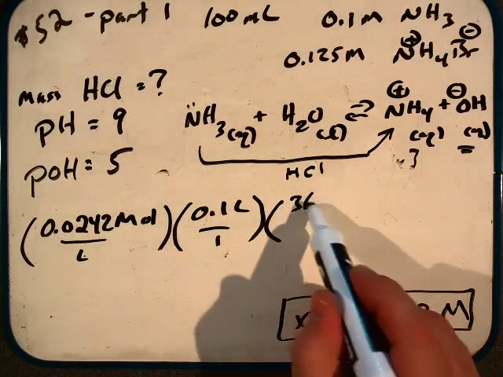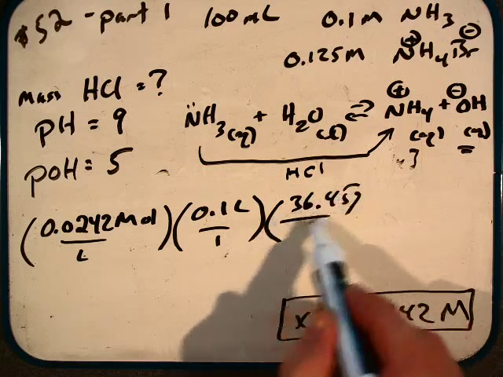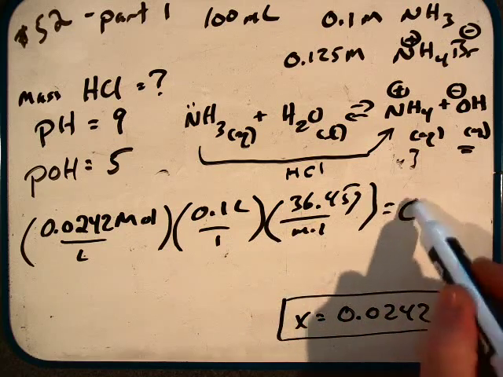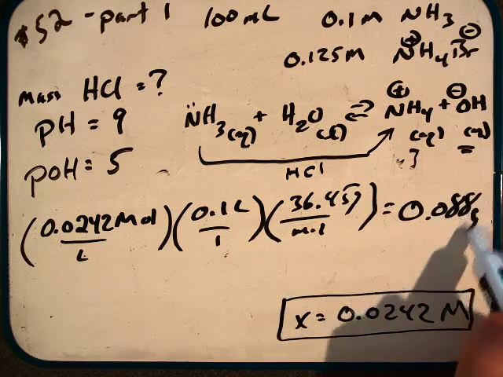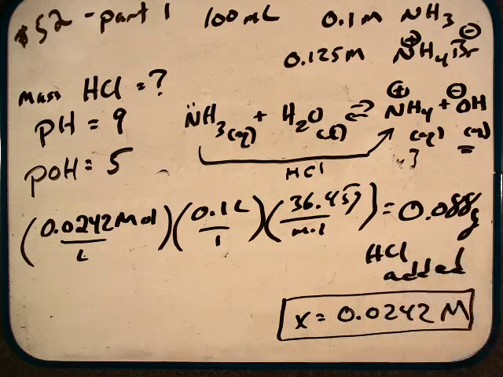And then if we use the molecular mass of hydrochloric acid, we can get that into grams. And so we get 0.088 grams of hydrochloric acid added.